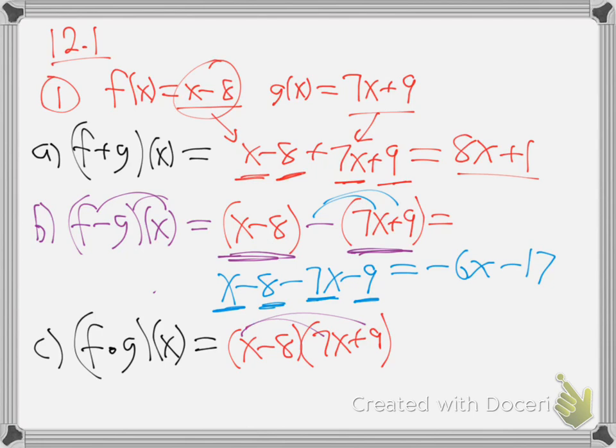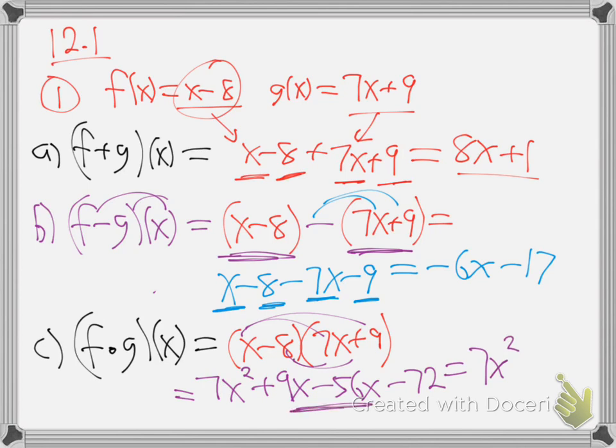First to both. What did I get? 7x squared plus 9x, boom, boom, minus 56x minus 72. So that's 7x squared. 9 minus 56, I don't know. What is that?